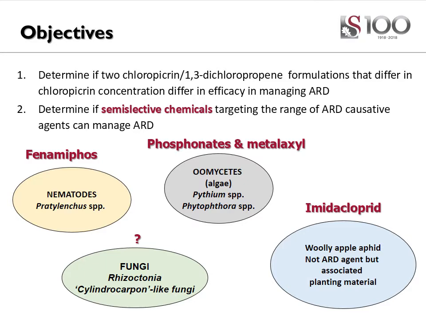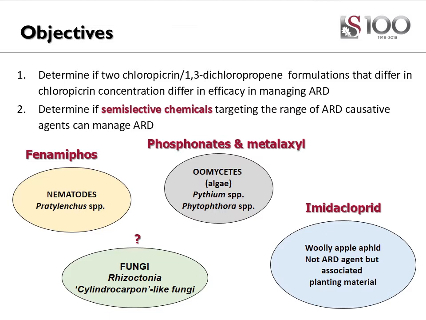The chemicals that were used in the semi-selective mix were aimed at the different groups of replant pathogens, which include nematodes, oomycetes, and fungi. The mix also included imidacloprid, which although woolly apple aphid is not part of the replant organisms, is often associated with nursery trees.